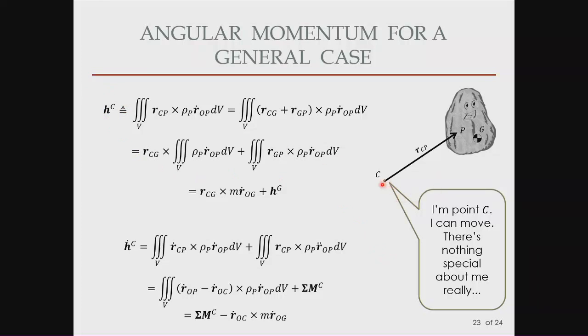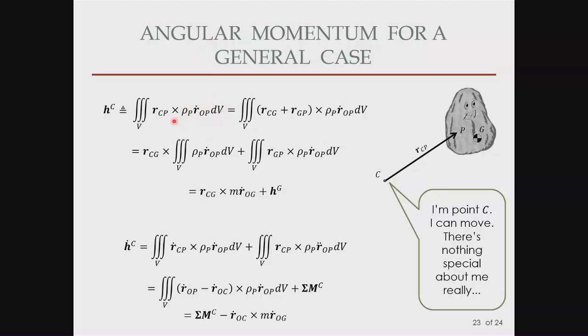Point C here is a random point in space. It could be in motion, essentially. It could have velocity, all right? So H about point C, look how here I still assume that point O is a fixed point because I defined this part as the linear momentum of some point P on the rigid body.